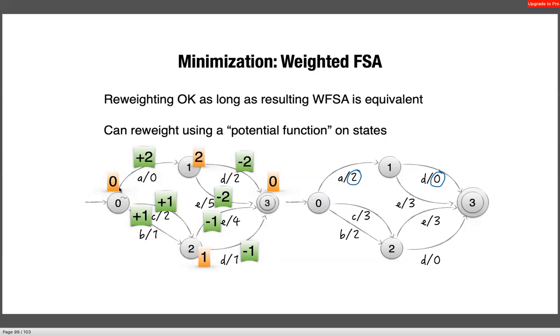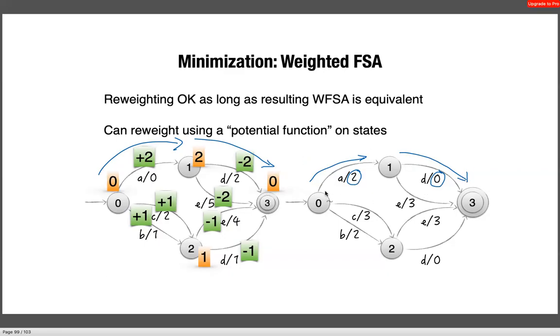You can easily see that you've done this redistribution such that the total weight assigned to a particular string stays the same. Earlier, if you look at this particular path, which is AD, it incurred a cost of 2. And similarly here, you did a redistribution so that you're pushing the weights closer towards the start state of the machine. But the total weight of the string AD still stays 2.